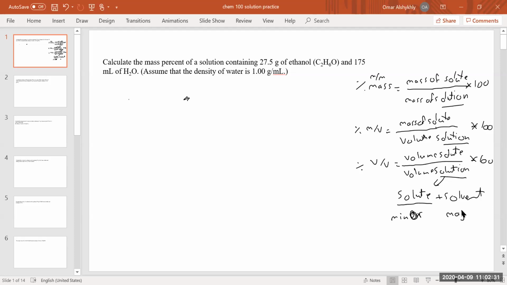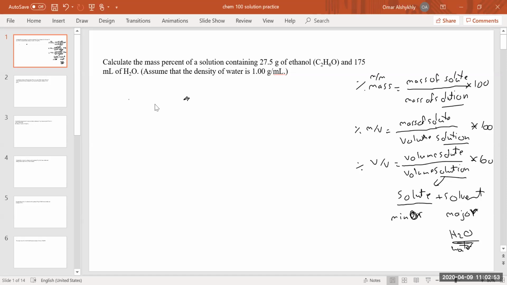Solvent is the major. The common solvent could be water, but not always. Be careful. So this is something that will help you predict which one is solute, which one is solvent, and how you will deal with this type of question.